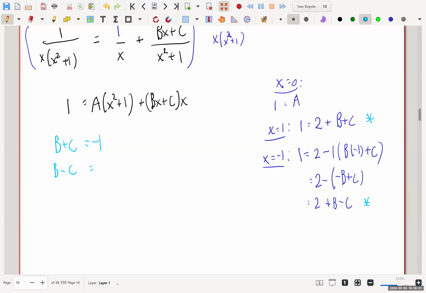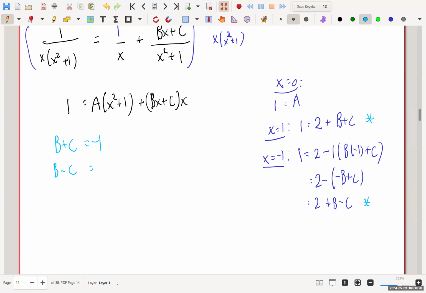Something feels fishy here. I think this should have been a positive one here somewhere. Let's think about this. I plug in x equals -1 into here.